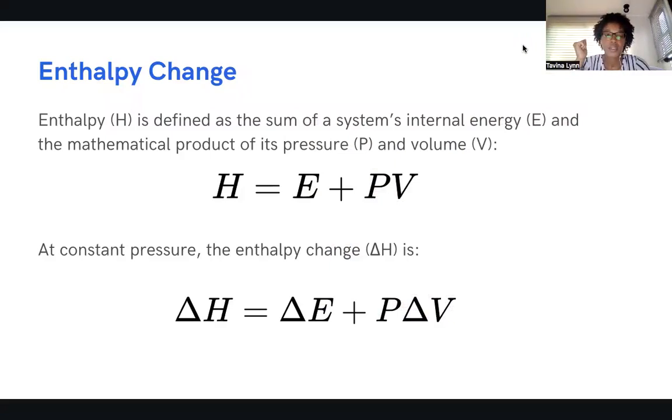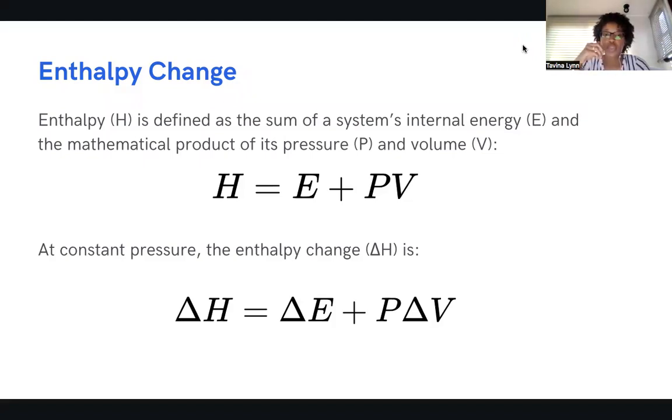All right, so I want to talk about enthalpy a little bit more. Recall from the previous video, enthalpy is the change in the internal energy of our system under constant pressure conditions.